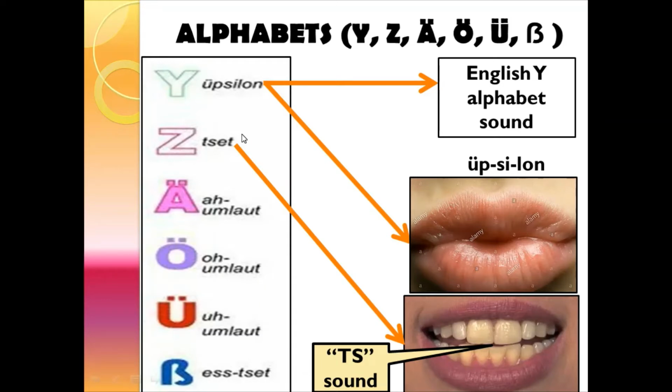The German Z alphabet is pronounced by putting your teeth together, as in this image, and letting out the sounds of the alphabets T and S from your mouth together. Ts.